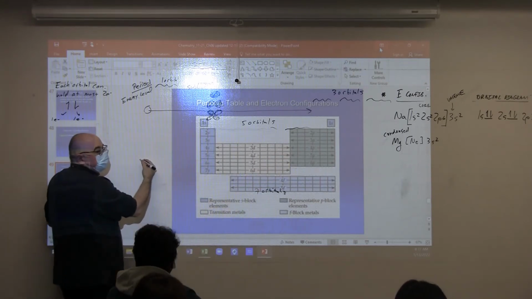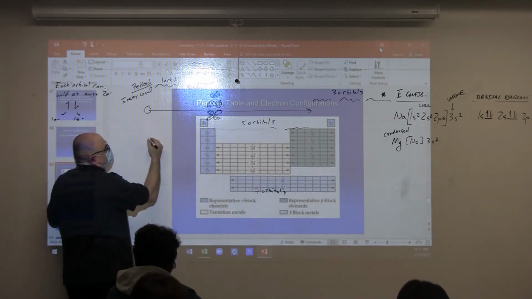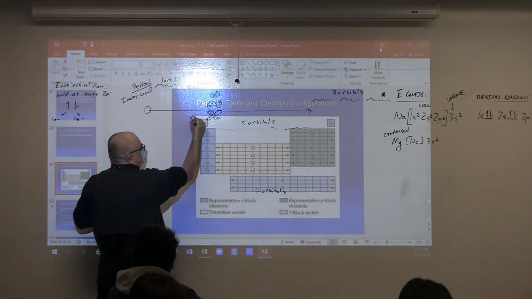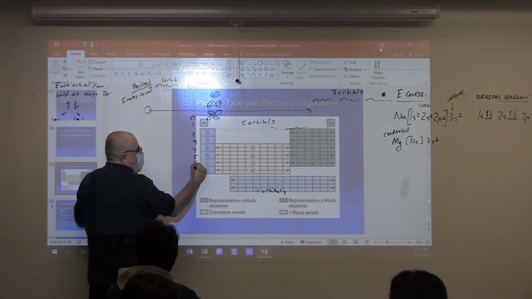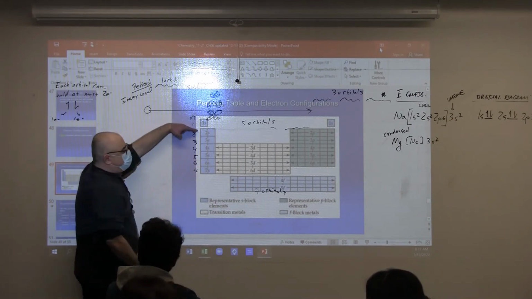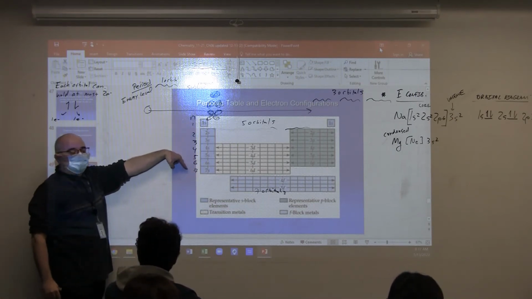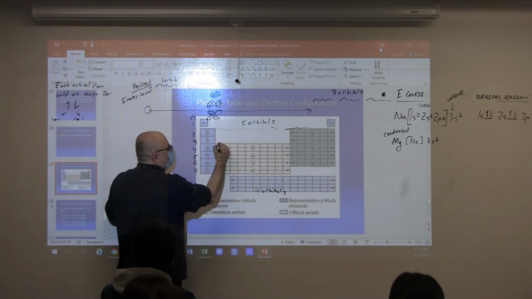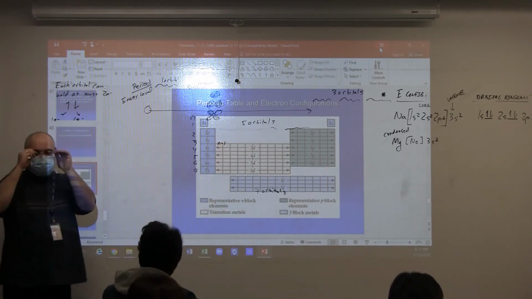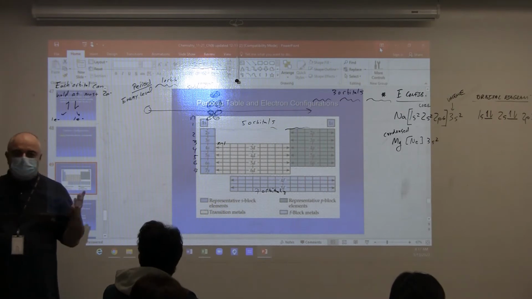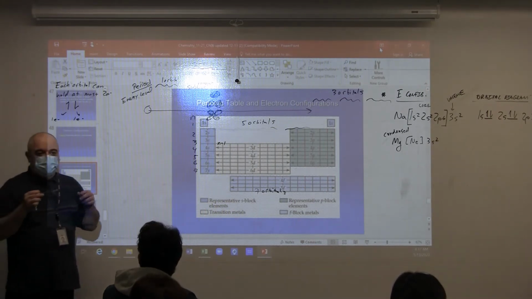So I'm going to write it like this. Usually when I'm numbering the rows, I use n for the number. So s and p always follow what row I'm filling. The d orbitals are always one row behind. It has to do with the way the orbitals' energies work out. I don't want to get deep into it because I think you're just going to get confused.